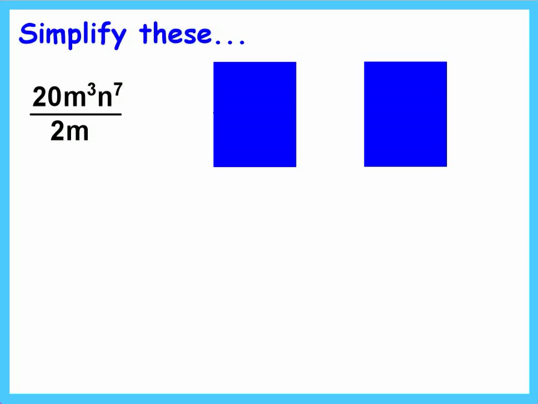On this one, we're looking for bases that are the same. Right away I see an m on the top of my fraction bar, and I see m on the bottom of my fraction bar, and I see two numbers, and when we're working with fractions, we know that numbers can be divided.